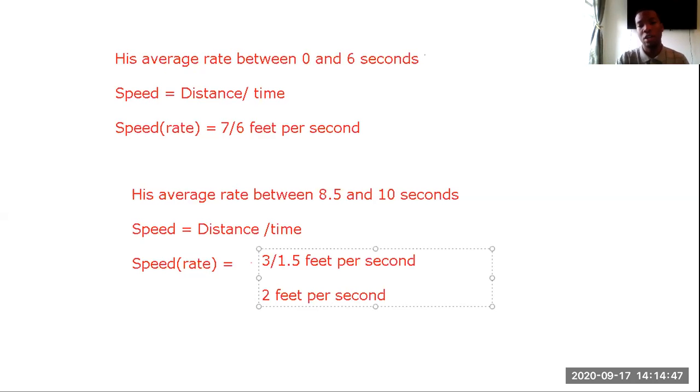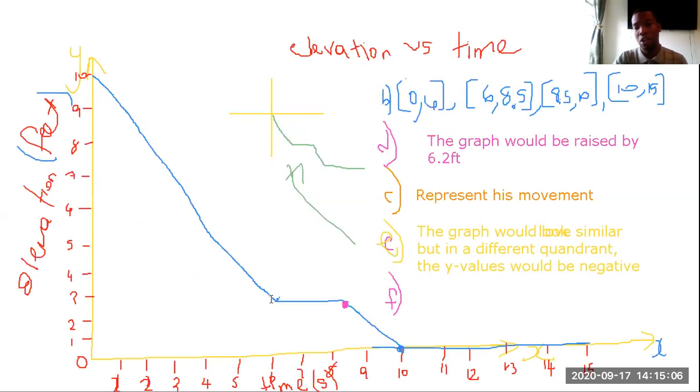So then the question was, which rate was faster? So 7 divided by 6 is 1.16, which is lower than 2 feet. So his time from here to here was 1.16 feet per second, and his time from here to here was 2 feet per second. So now they're asking which descent part is it, this one or this one?